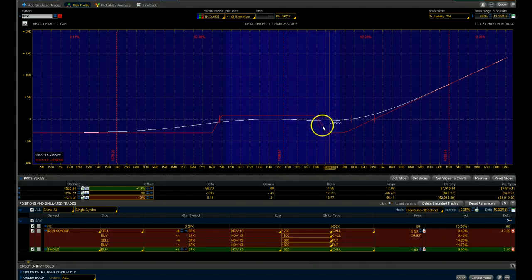Here's my expiration graph, but you can see that I have that call hedging an awful lot of the upside risk. So basically, this is how I like to work the trade. You do give up a little bit of profit on it, but I have one side hedged right now.